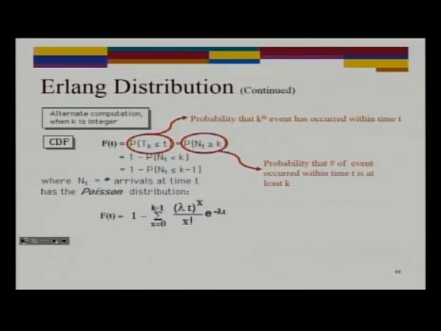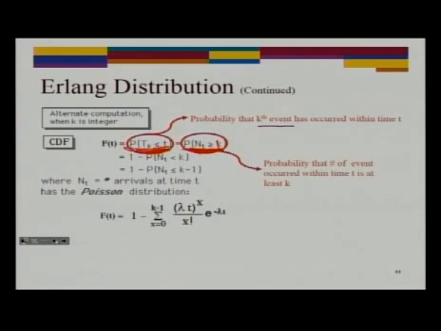So here, the first probability, the probability that k events have occurred within time t, so T sub k is less than or equal to t, is equal to the probability that the number of events N sub t occurred within time t is at least k. So it should be greater than or equal to k. When you use this probability, you use the Poisson distribution. But if you want to use the other probability, you're going to use the Erlang distribution.